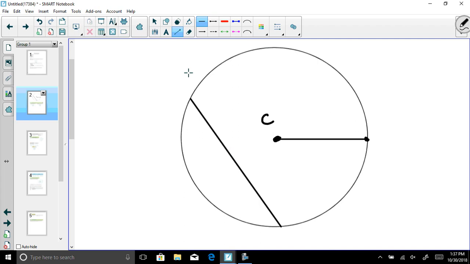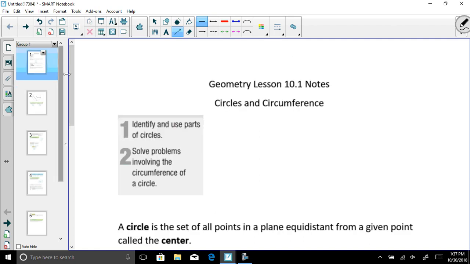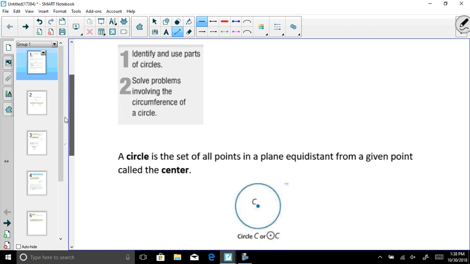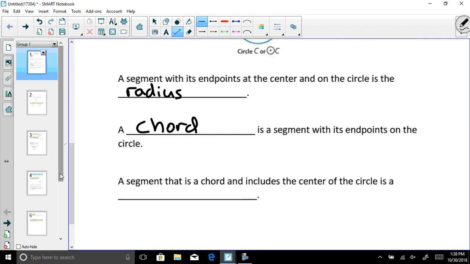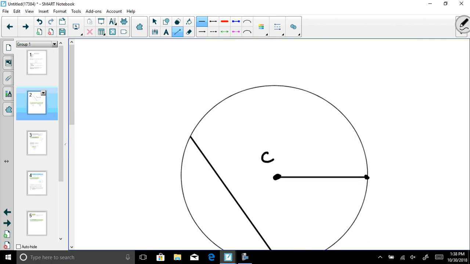And then lastly, if we go back here to page 1 again, the last definition would be a segment that is a chord and includes the center of the circle, which is called a diameter. So a diameter is just a chord that also goes through the center.